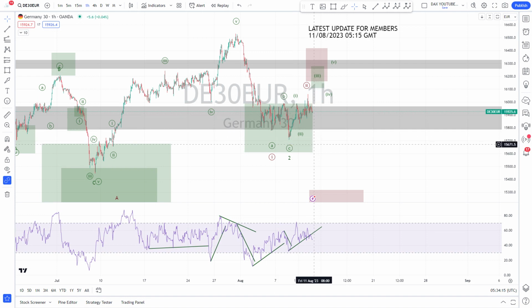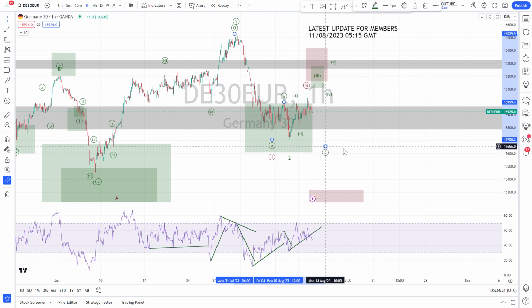We can easily make one more low here, so that our wave C still has to come, something like this, and that we then shoot higher. So this is your true invalidation level. We are currently here. This does not seem so good, in my opinion, risk reward, and this is the true invalidation level for a short.